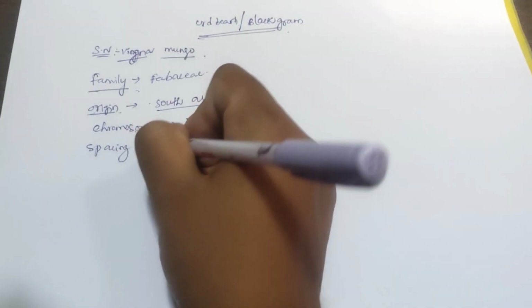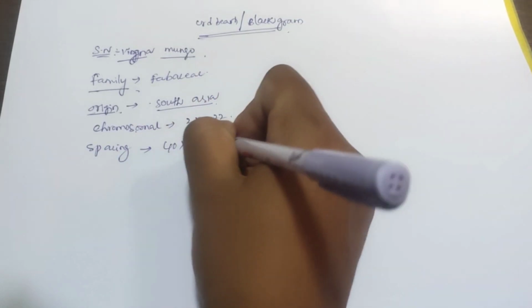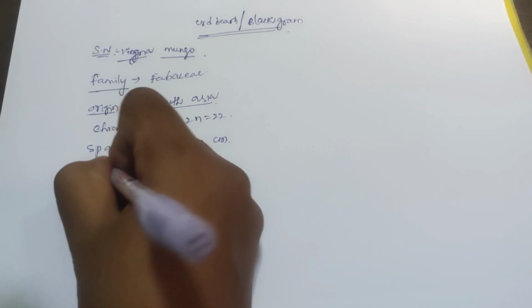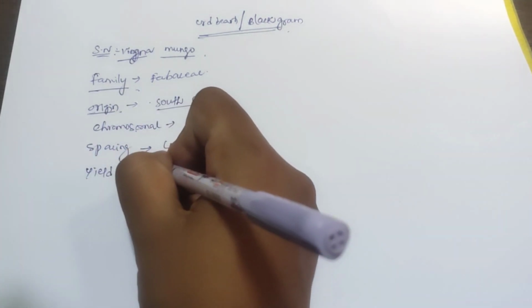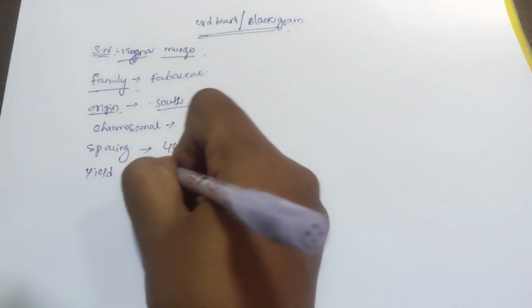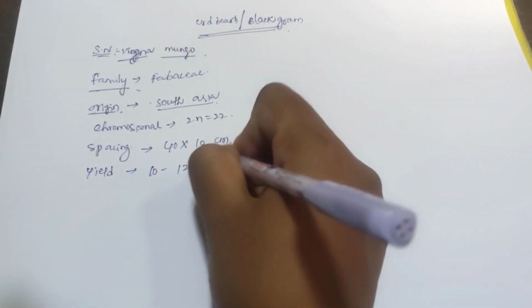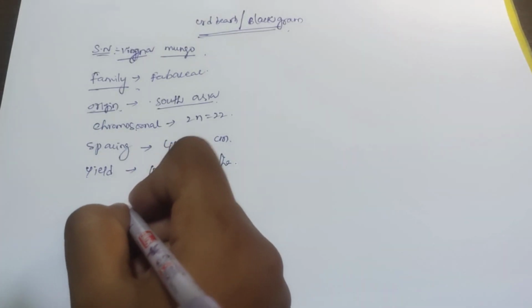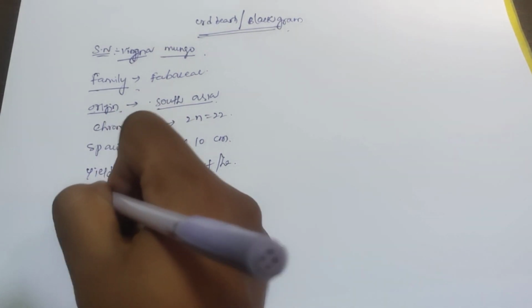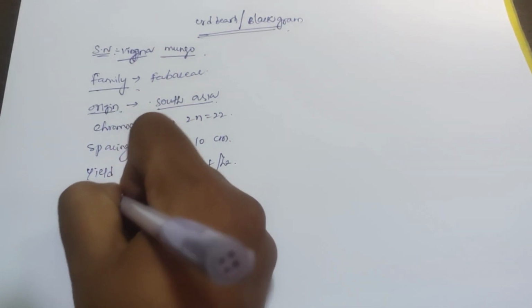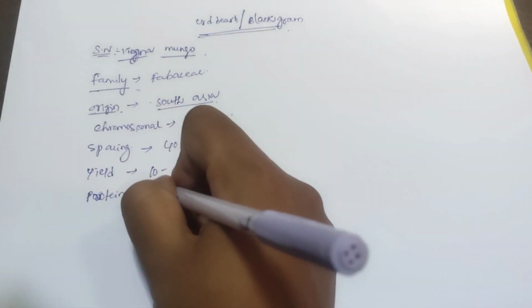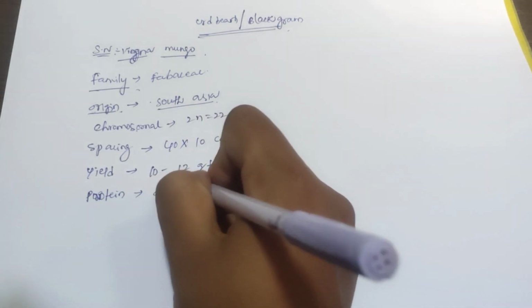Spacing is 40 by 10 centimeters. Yield of mung bean is nearly 10 to 12 quintal per hectare. Mung bean contains protein amount of 22 to 25%.